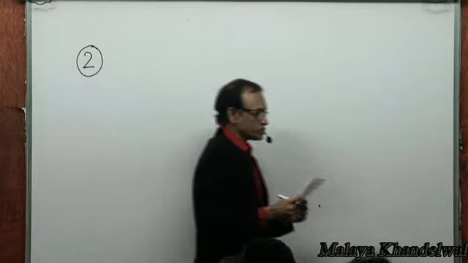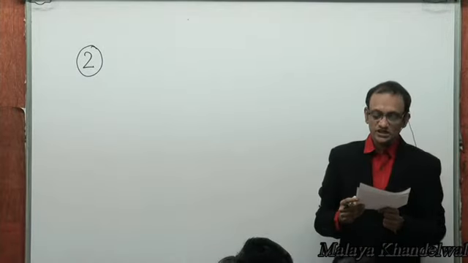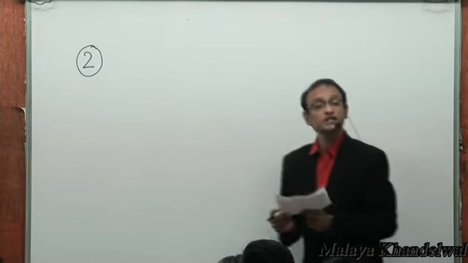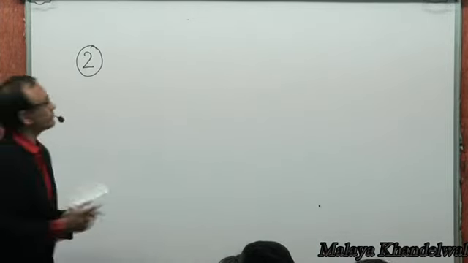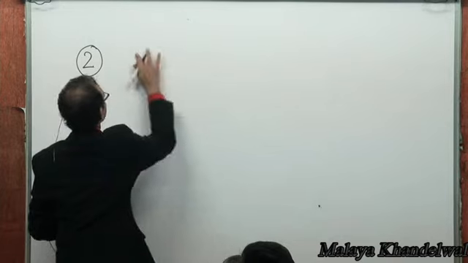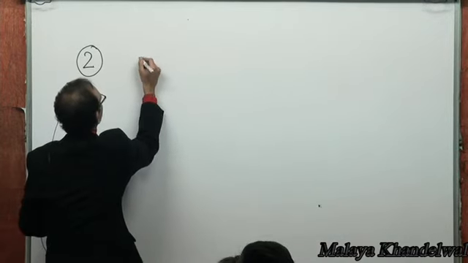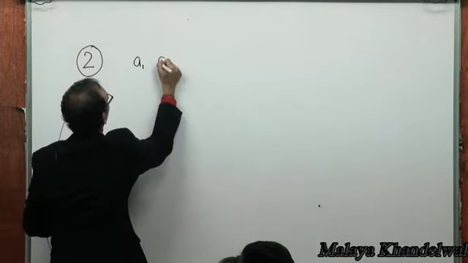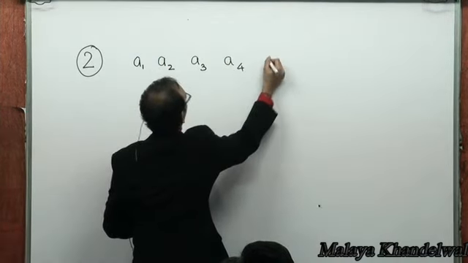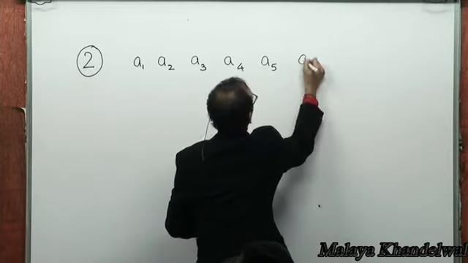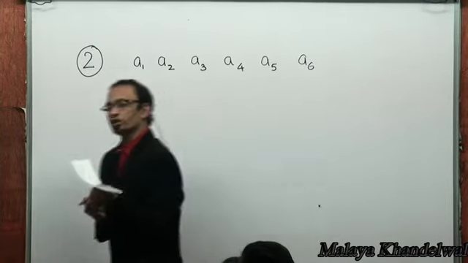How many 6-digit numbers exist which contain exactly 3 different digits, 1, 2, and 3? This is a 6-digit natural number.